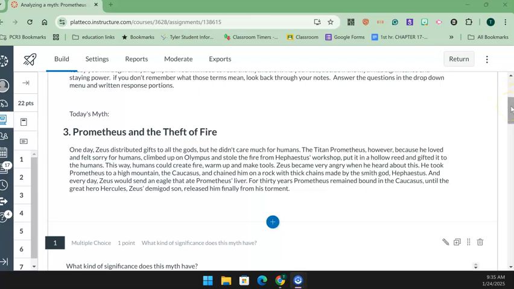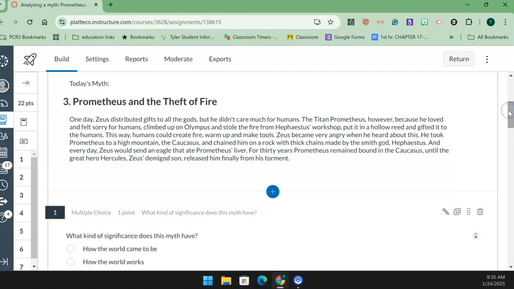So we had a chance to look through and read the story. Prometheus and the Theft of Fire. One day, Zeus distributed gifts to all of the gods, but he didn't care much for humans. The Titan Prometheus, however, because he loved and felt sorry for humans, climbed up on Olympus and stole fire from Hephaestus's workshop, put it in a hollow reed, and gifted it to humans.